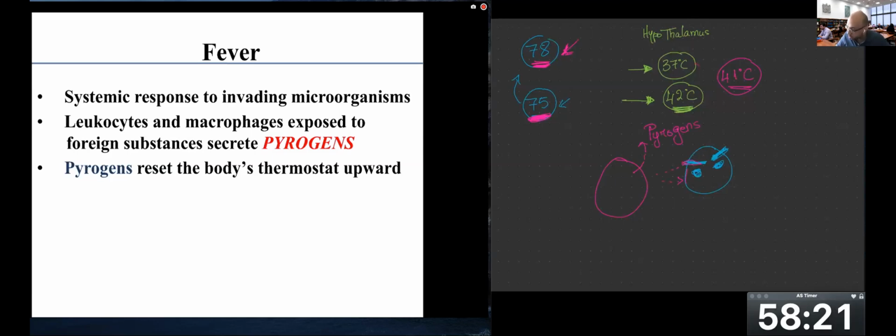They will reset the thermostat. So rather than the hypothalamus acting at 37 to reduce your temperature, it won't send the signals out to the sweat glands until you reach 42. So if you are at 41, would you be sweating to reduce the body temperature down? You won't be sweating. So your body temperature is going to still remain high.